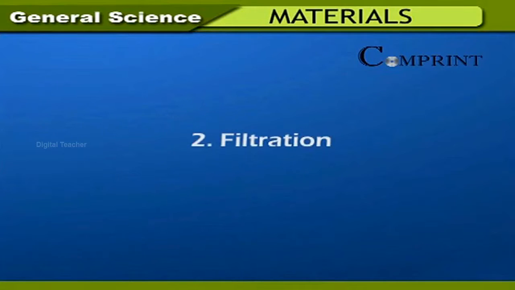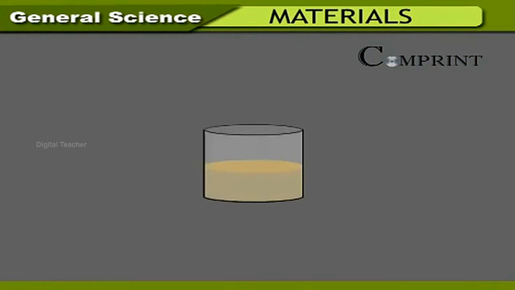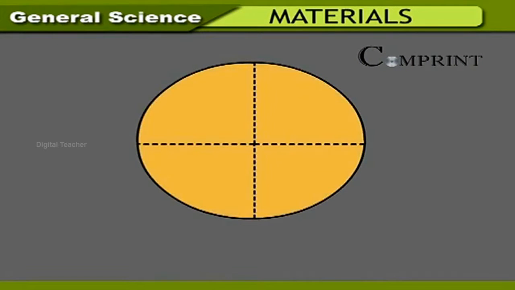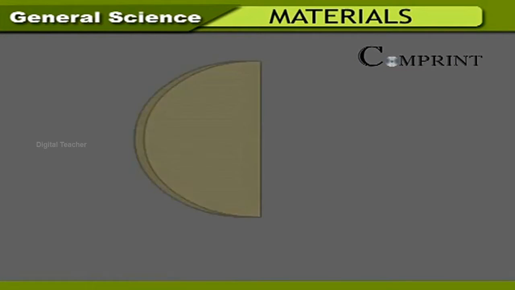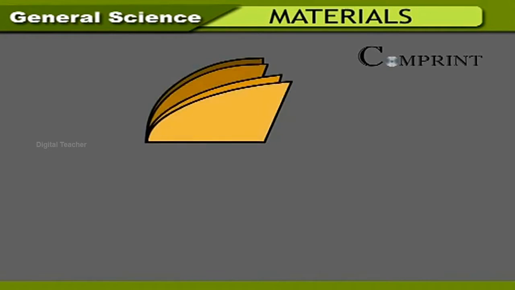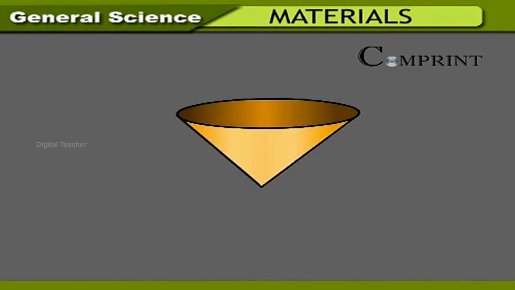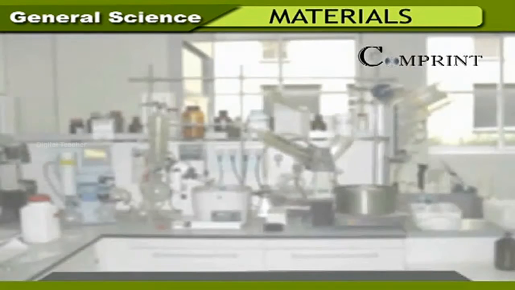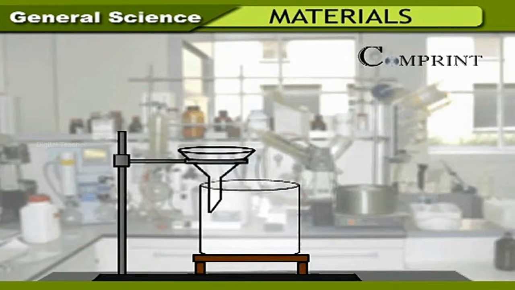2. Filtration. Take a glass of water and add some mud. Take a filter paper and cut it into circular shape. Fold it as shown. Take the funnel and make the inner walls of the funnel wet so that when we put the filter paper into it, it sticks to the inner walls of the funnel.